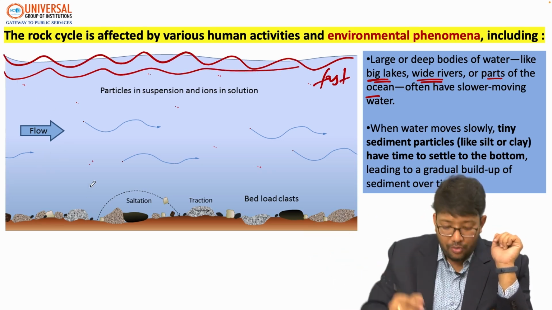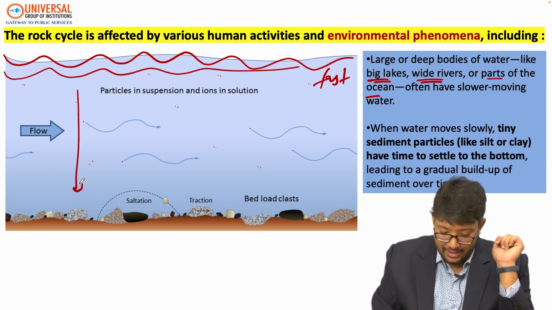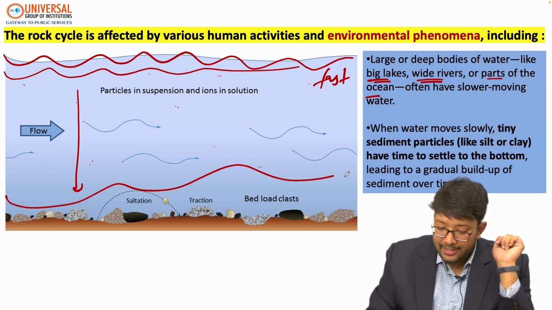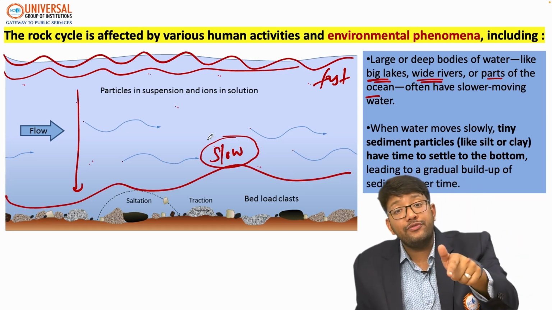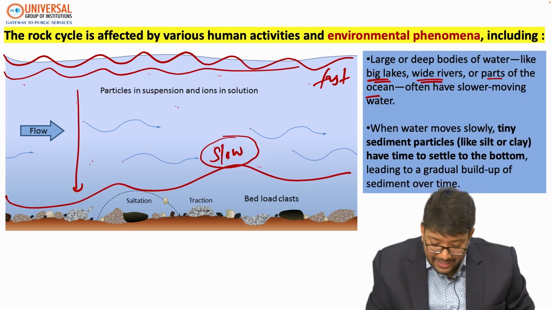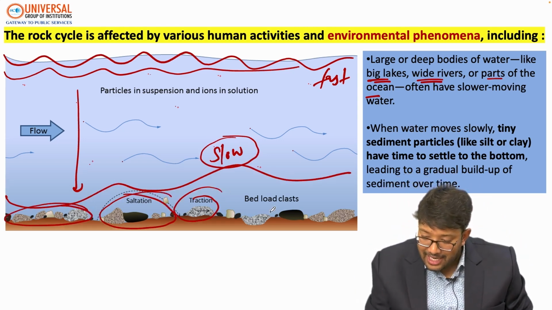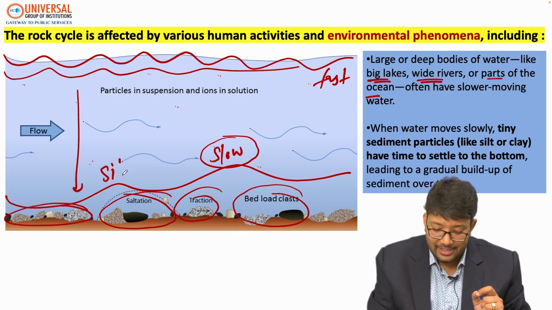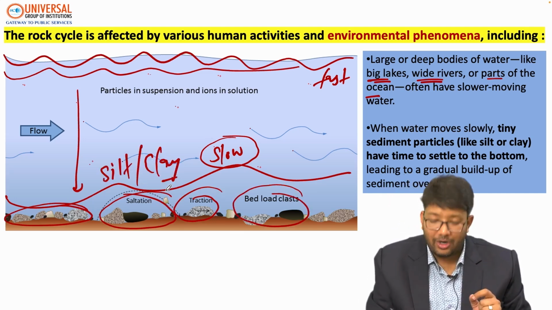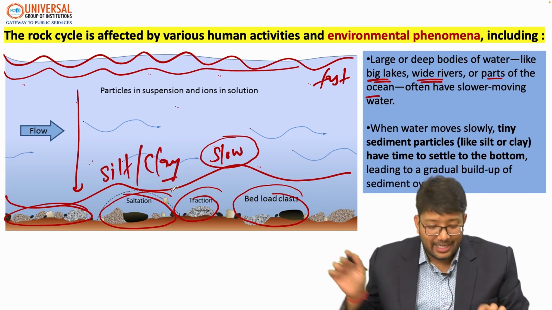As we go deep into the ocean, the movement will be slow, not that fast. If water moves slowly, what will happen? Sediment particles, for example silt and clay, will settle on the ground itself.